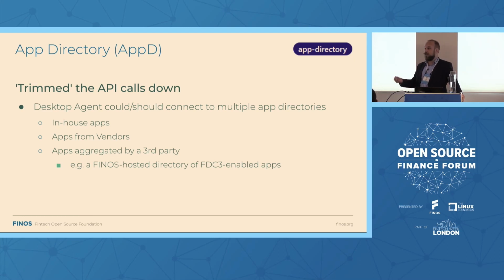For example, a search endpoint wasn't necessarily a sensible thing to have if you were going to be searching across lots of different directories, and they all did it in a different way. But we're expecting people to connect to multiple app directories. They're in-house applications, ones they've got from two or three different vendors, perhaps some aggregated by a third party. I know Finos harbours an ambition to host its own directory of FDC3 enabled apps that people will be able to pull from.